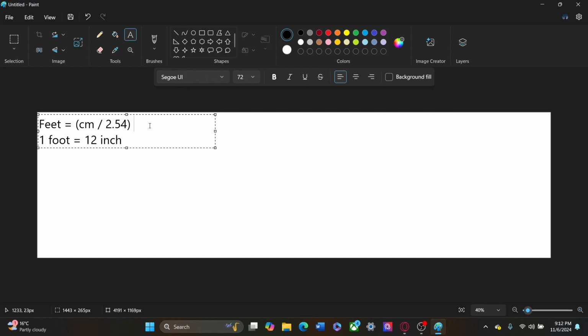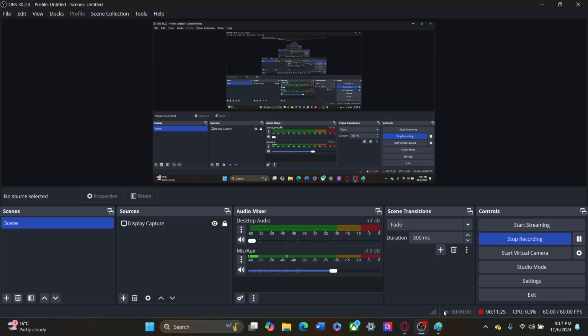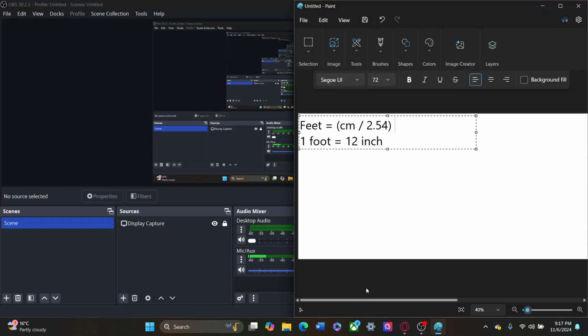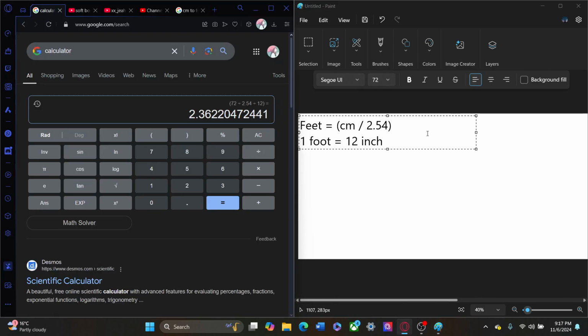So that means that we need to, one second, okay. Anyways, I am right. It is just divide that by 12, because 12 inches in a foot.